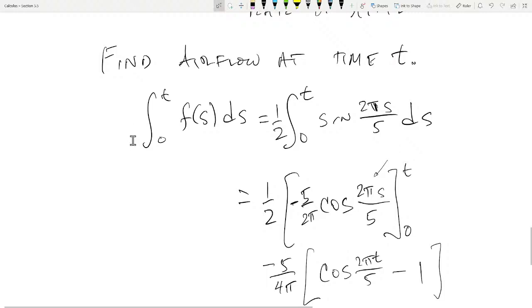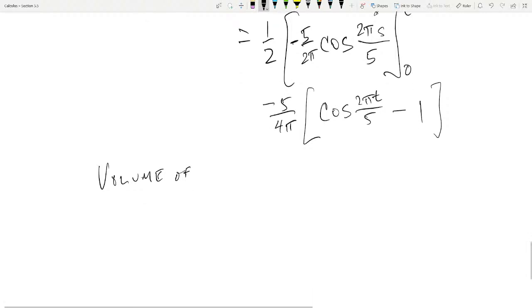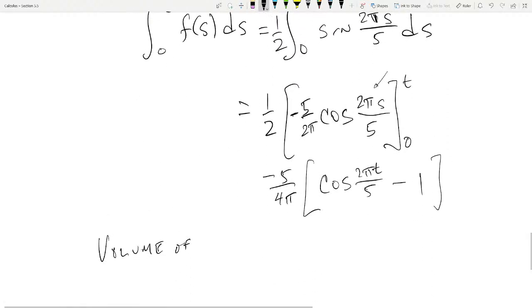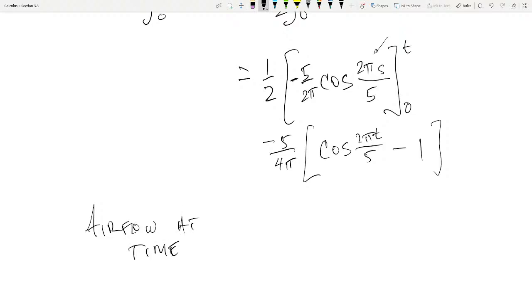And so we can say our final formula. The airflow, so it's in liters. Okay, so airflow at time t, that's going to be, I'm going to put the minus in, and the 1 will come first.